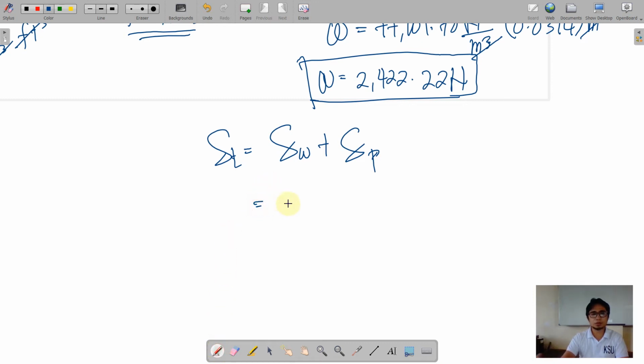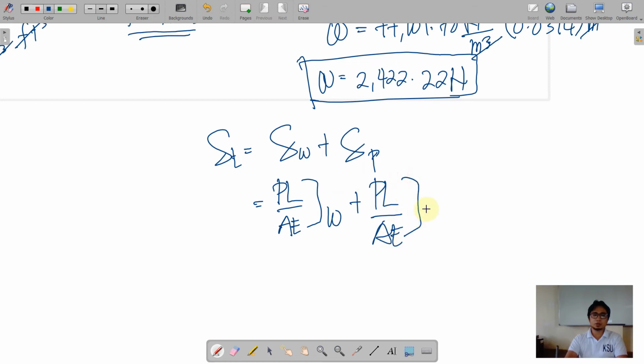So we need to apply the formula PL all over AE due to weight, plus PL all over AE due to the weight of the track, or P.